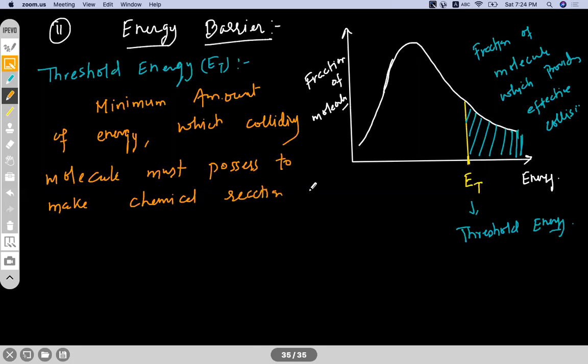To make a chemical reaction possible. Right? This is threshold energy.